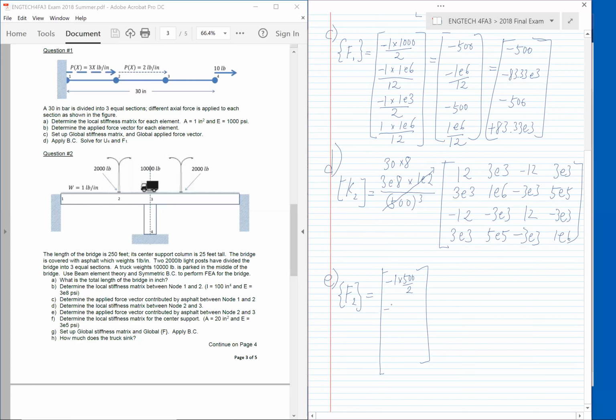Negative 1 times 500 squared divided by 12. And then negative 1 times 500 divided by 2, and positive 500 squared divided by 12. Okay, done.